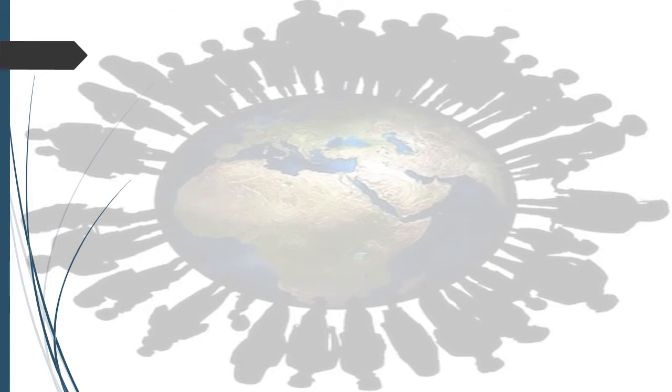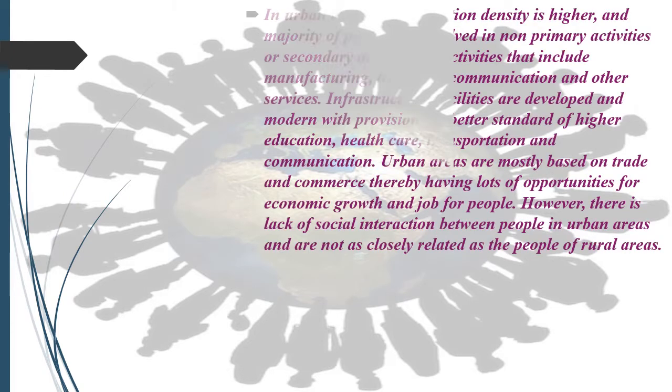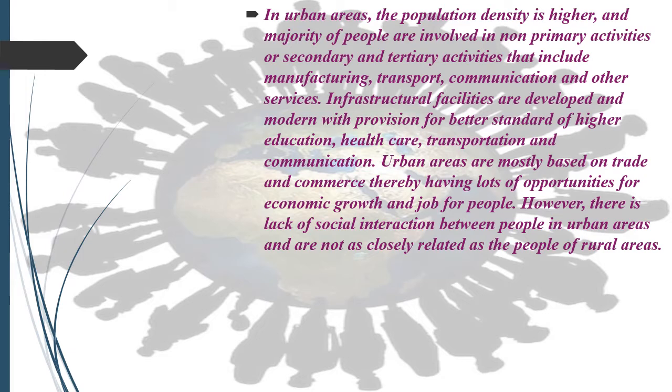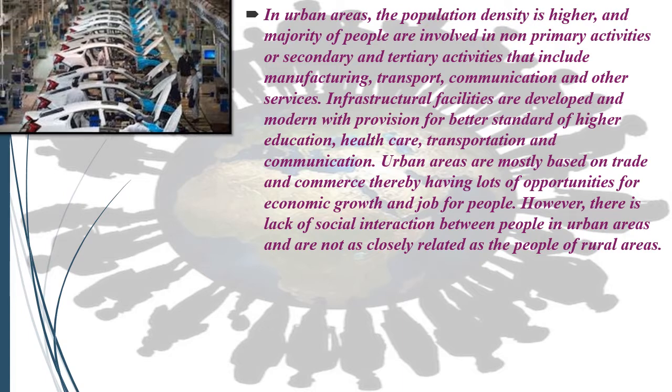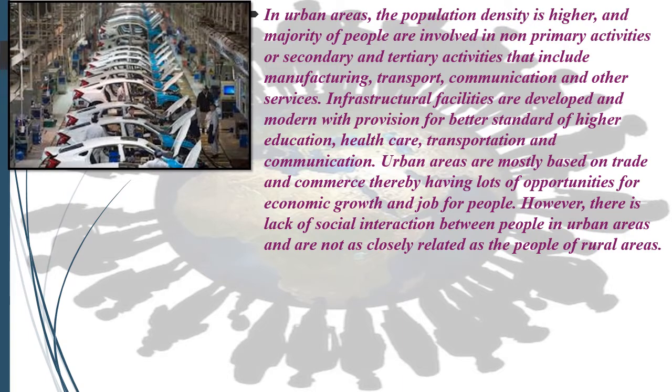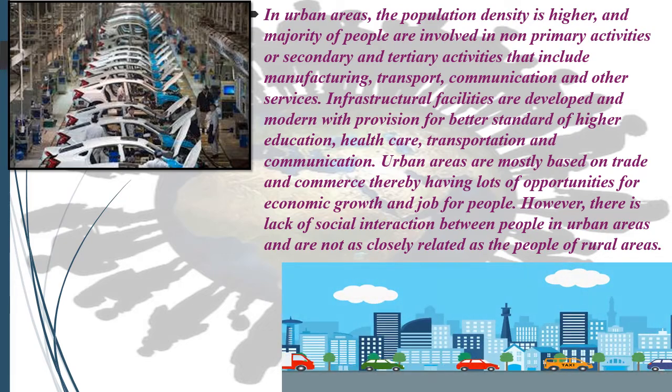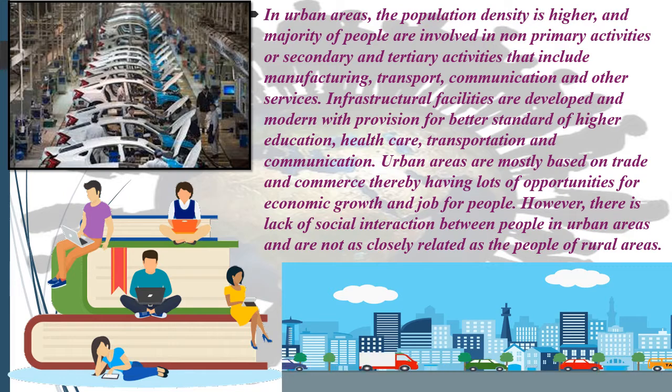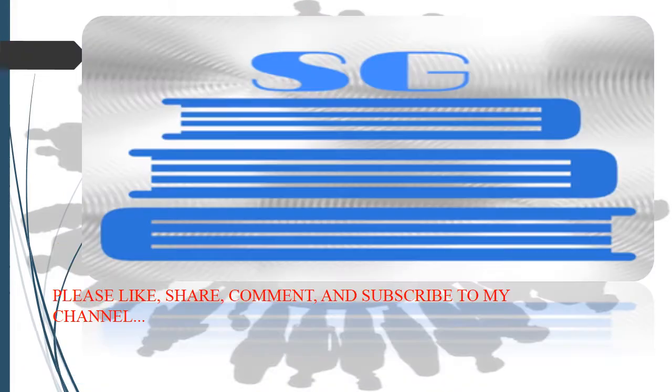There is also more opportunity for economic growth. However, the socio-cultural ties between people in cities are not as strong as those in villages. In recent years, the urban population has risen and the rural population has declined, as more and more people from villages have moved to cities in search of education and jobs.